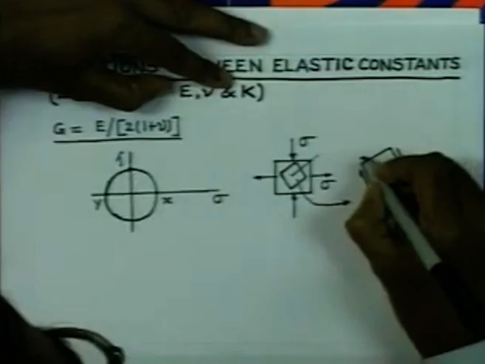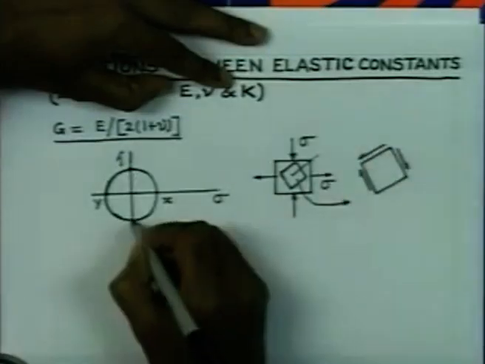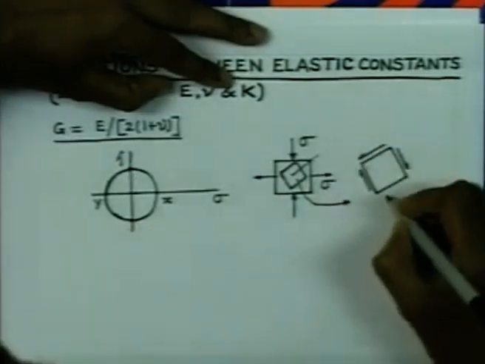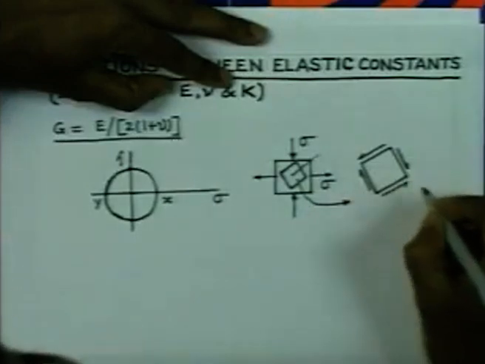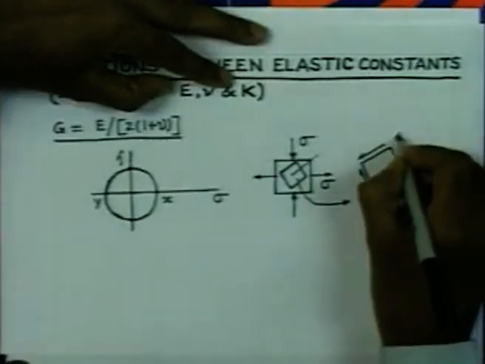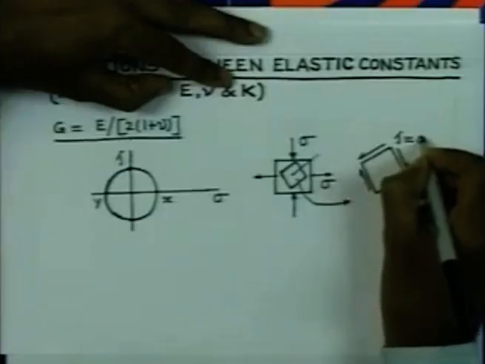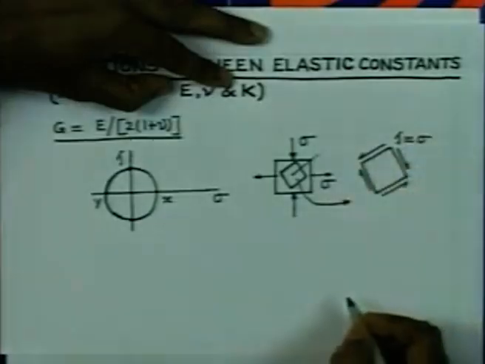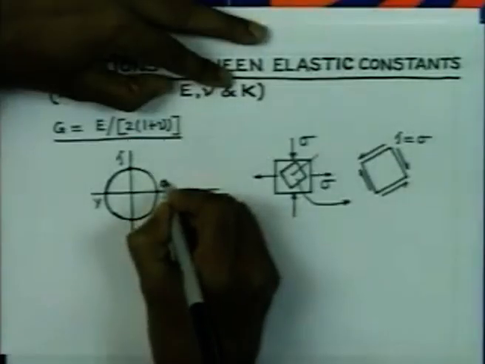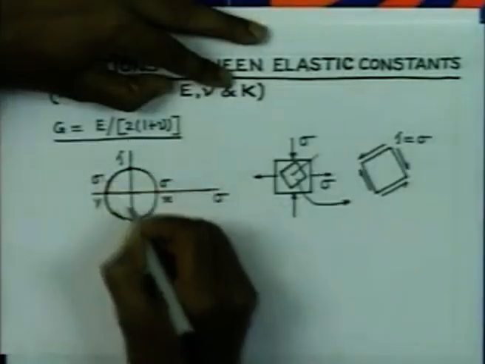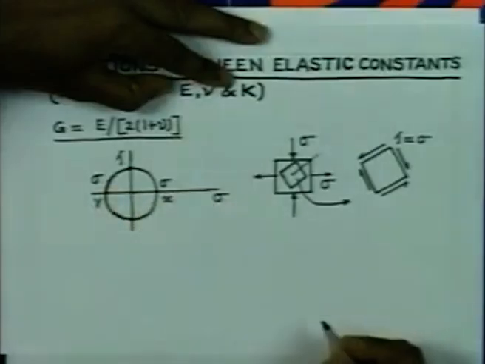Similarly, the other stress here on the normal plane is this, and so also this stress here. This tau is of magnitude equal to sigma, because this distance and this distance are both sigma.